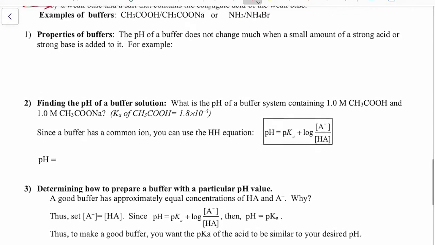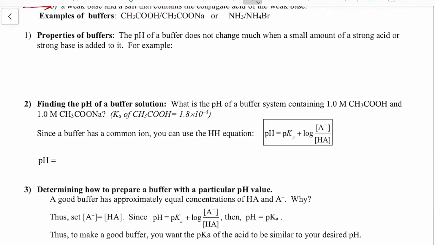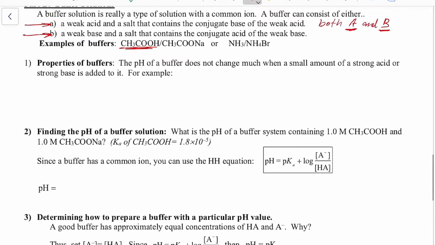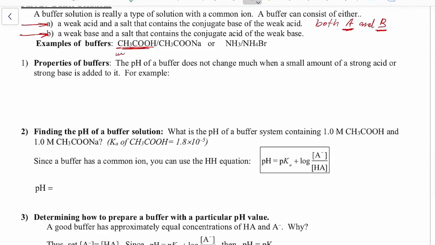So, if we use the example of acetic acid, which is a weak acid, you put that in a solution with sodium acetate, which is going to contain the acetate ion, which is the conjugate base.